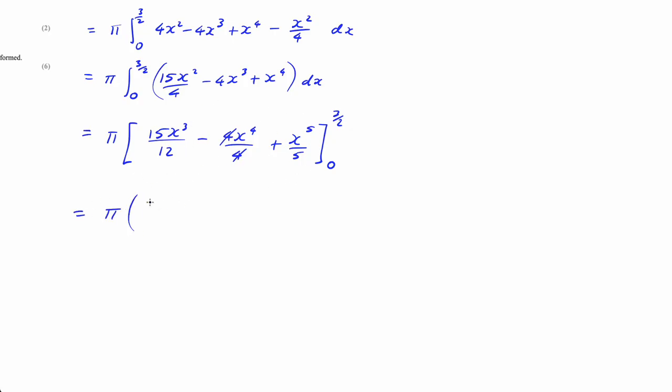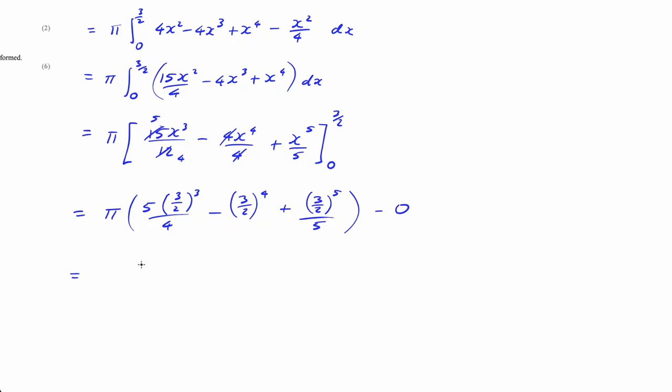A 3/2 here, so that goes in 4 and 5, so that's 5 times 3/2 cubed over 4 minus 3/2 to the power 4 plus 3/2 to the power of 5 all over 5, and then a big minus 0.